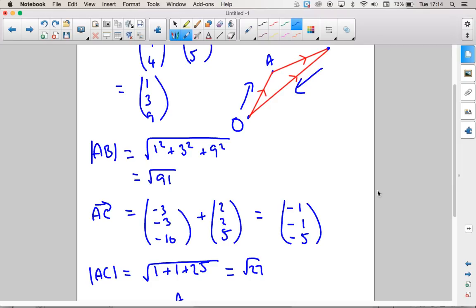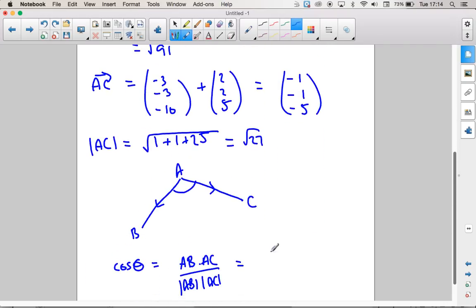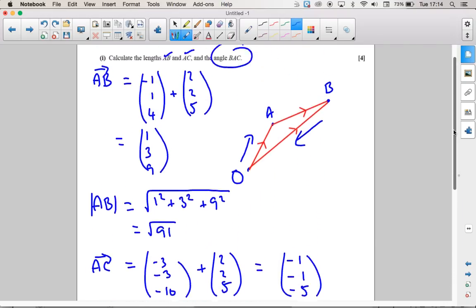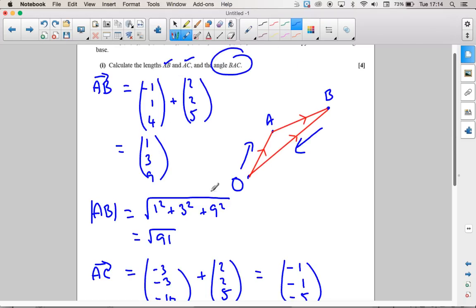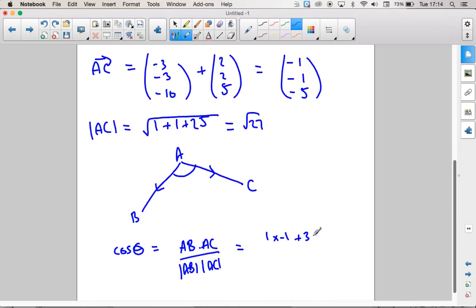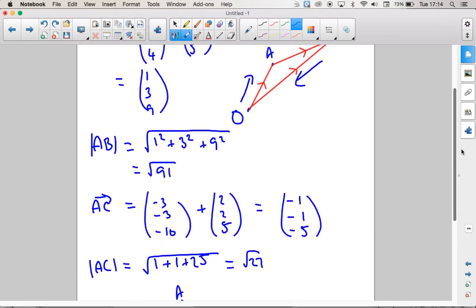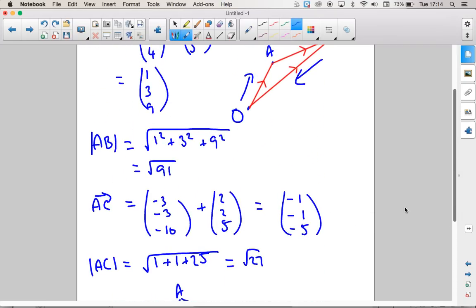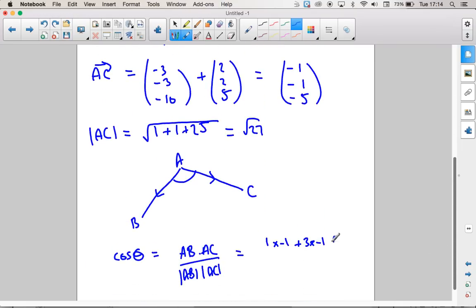We've got 1 times minus 1 plus 3 times minus 1 plus 9 times minus 5. We already know their magnitudes. We had root 91 and root 27.